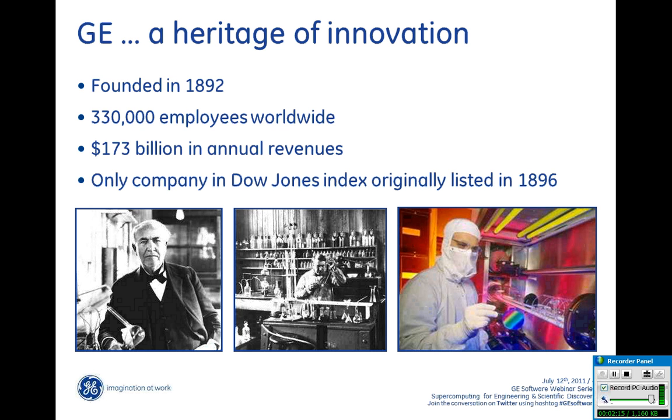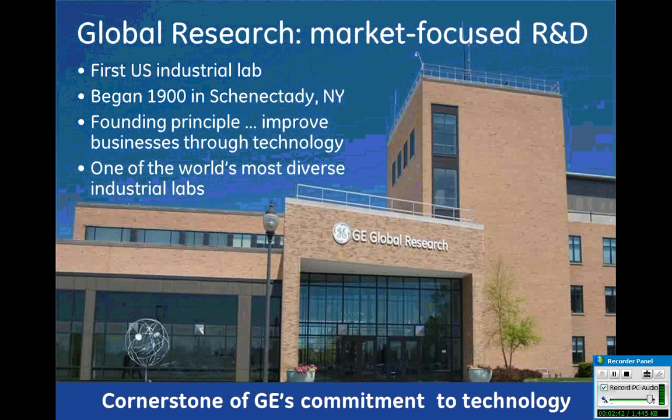So the GE Research Center was founded in 1892. It's been around for quite a while. It's one of the longest running, most successful companies. In fact, it was the only company that survived on the Dow Jones Index for its entire history to now. We're quite a large company, and we do a wide variety of products and services. The lab itself is in upstate New York.